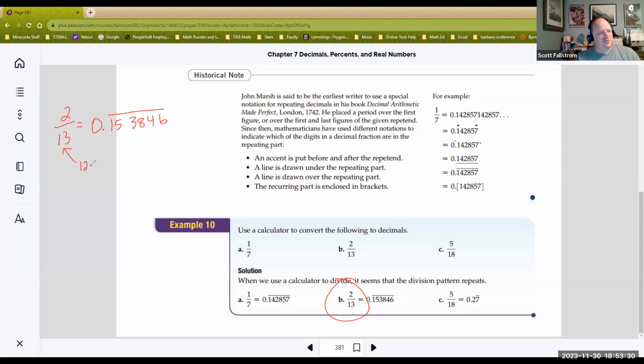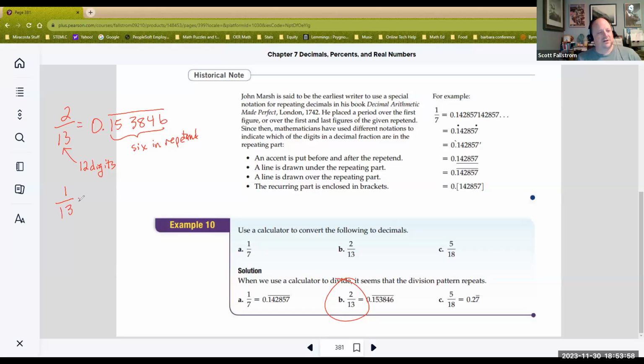We know there should be 12 digits because there's 13 possible remainders, but 0 doesn't count. 12 digits, but I only see 6 here. 6 in the repetend, which means there must be another 6 somewhere. Every one of these digits has to be accounted for. So there actually is another string.